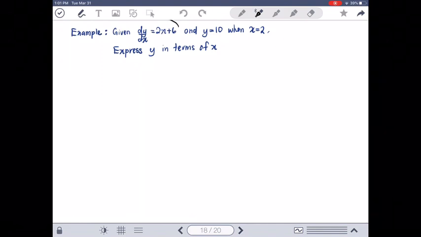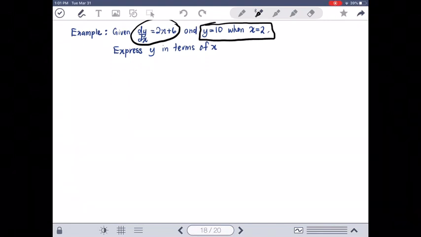So given the gradient function dy over dx equals 2x plus 6 and y equals 10 when x equals 2, express y in terms of x.